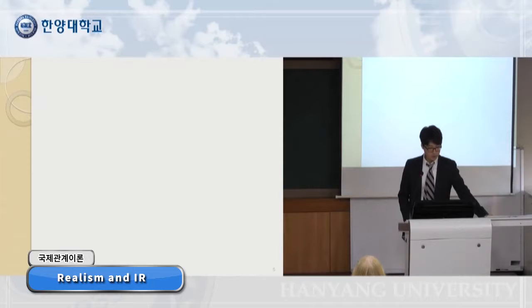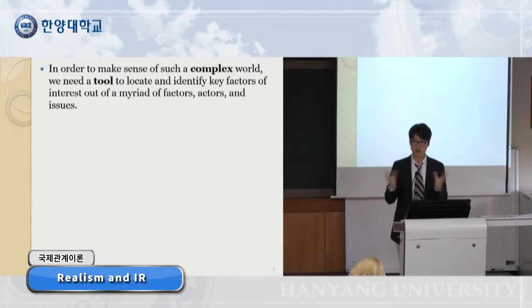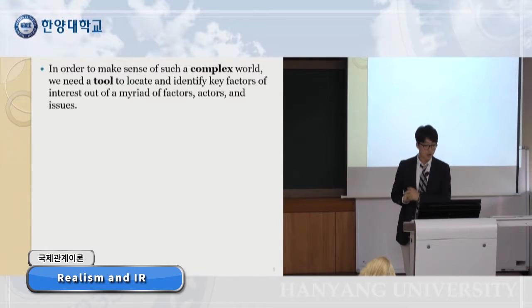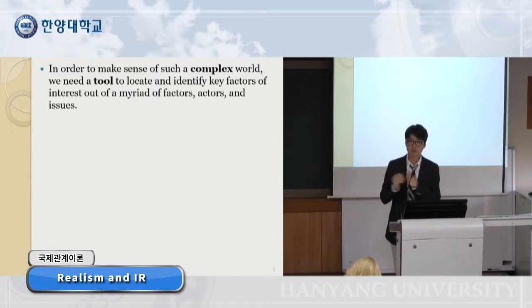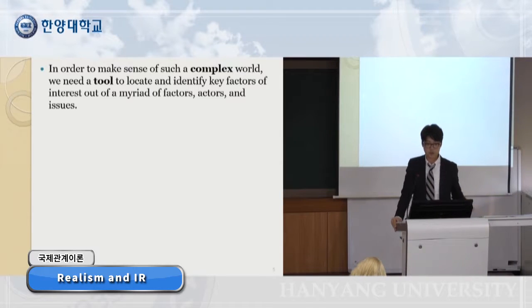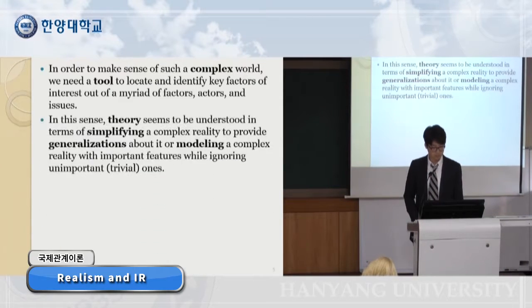So in order for us to make sense of what's going on, or what is likely to happen in such a complex world politics, we need a tool, or at least some kind of framework, to single out key factors of interest out of a myriad of factors, actors, newly emerging issues, problems and questions.